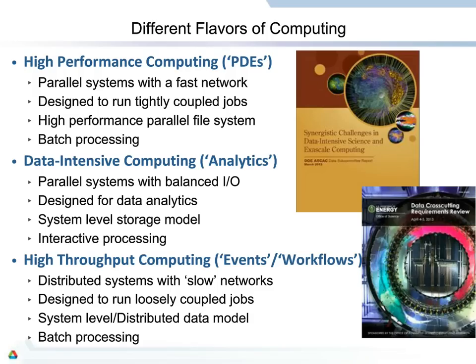They're designed to run tightly coupled jobs, so in other words, each processing unit is talking to the other processing units. And typically you want a high-performance parallel file system to go along with this machine, because there's a large amount of RAM, and you want the data to go in and out of the machine as fast as possible. So typically you want to be able to move the data in and out of the machine if you're running a very large code in, let's say, 10 minutes or something of that nature.